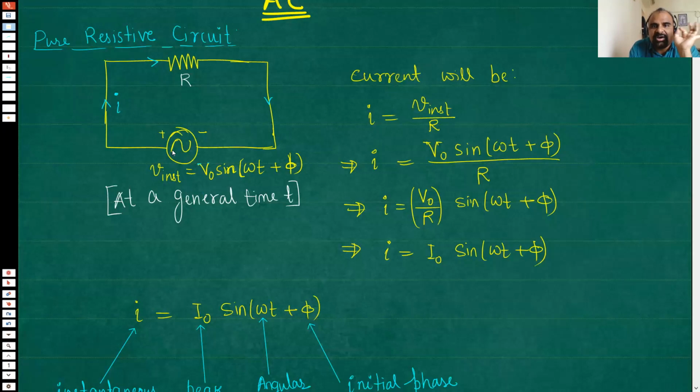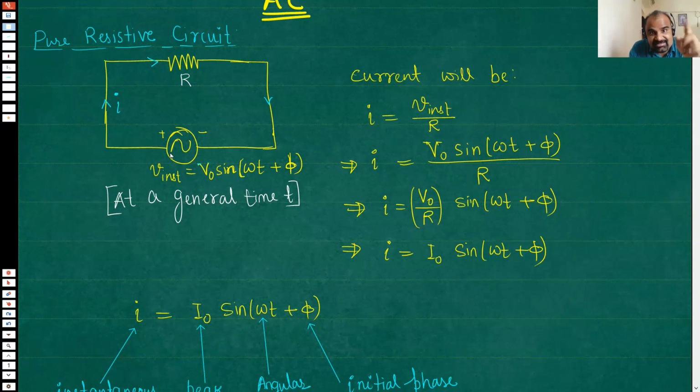The frequency of AC source that we use in our day-to-day life is 50 hertz. In some countries, 60 hertz AC is used. But standard frequency is 50 hertz.